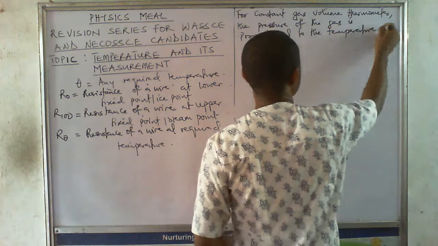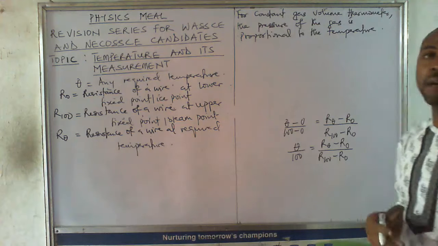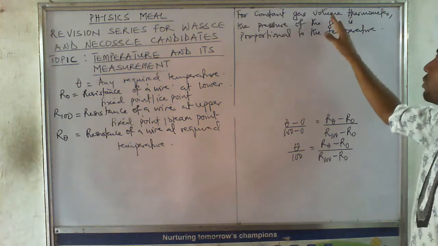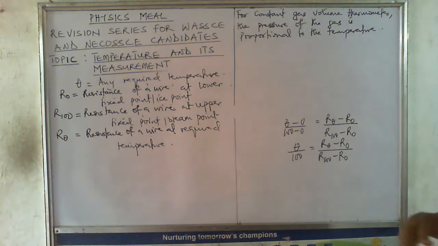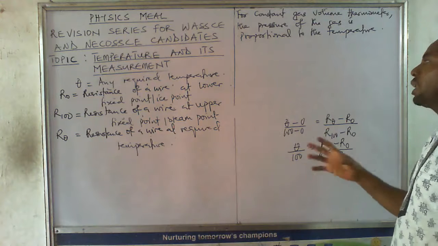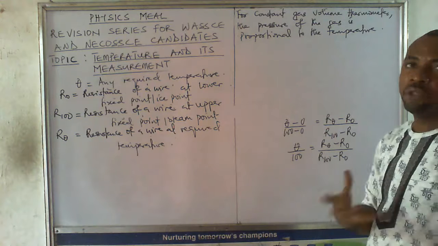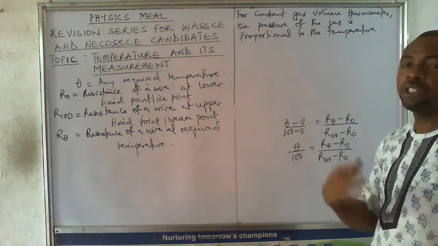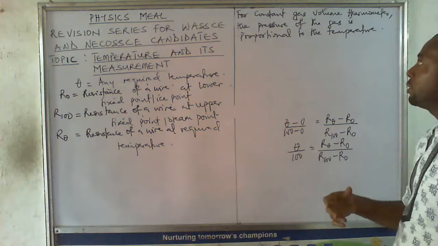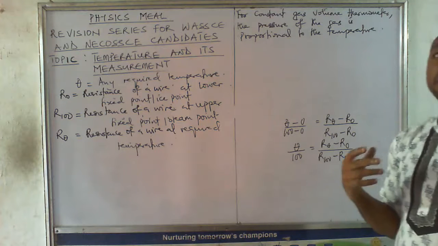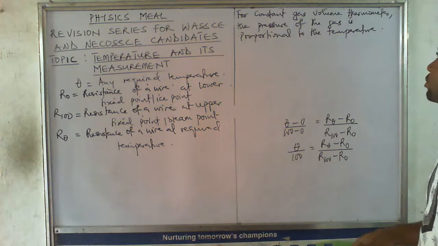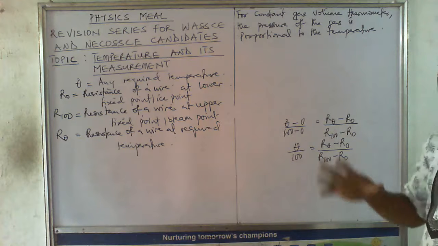So in this case, a change in temperature will bring about a change in what? Pressure. Because we say constant gas volume. That means the volume of the gas is constant. Remember, when we look at various gas laws, for us to study a given property, we need to keep the rest constant. So in this case, volume is constant.